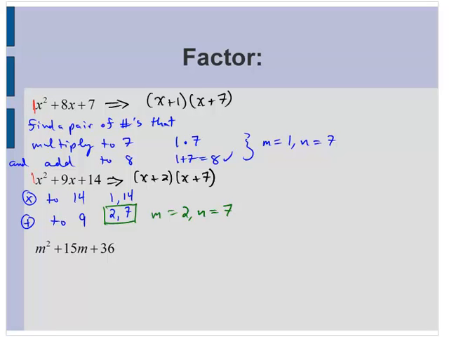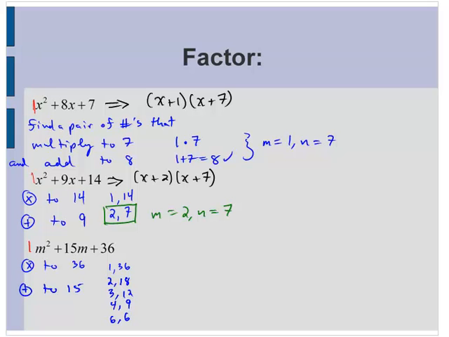All right, m squared plus 15m plus 36. Again, the lead coefficient is 1. So we look to find a pair of numbers that multiplies to 36. Well, there's several numbers that do that. We have 1 and 36, 2 and 18, 3 and 12, 4 and 9, 6 and 6. Is there a pair that also adds to 15?